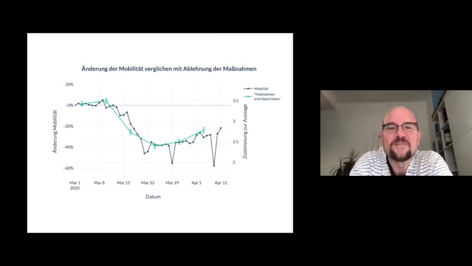But so what this says is change of mobility, and it is compared to a psychological quantity. It's a collaboration with a public health psychologist that is very prominent in Germany, and she does these surveys. And she asks, how valid do you think the restrictive measures politically are, or in what way are they too strong?